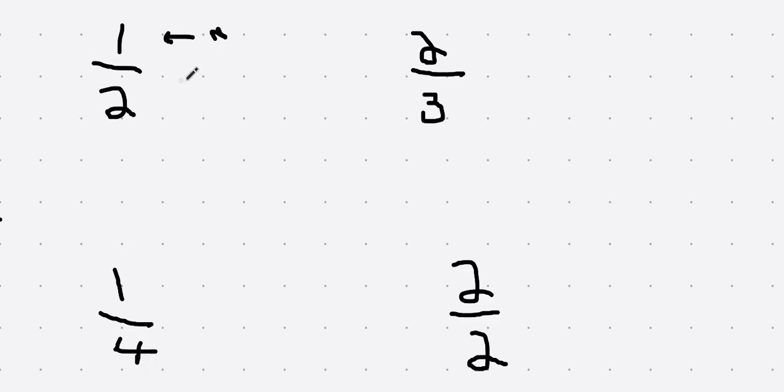And then the bottom, we have the denominator. So that is the bottom of the fraction. And the whole idea of the fraction is we want to express it as a numerator over the denominator.